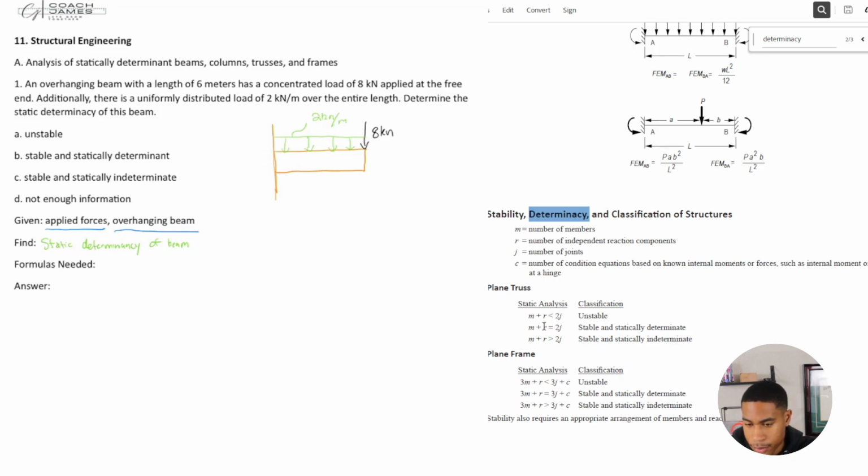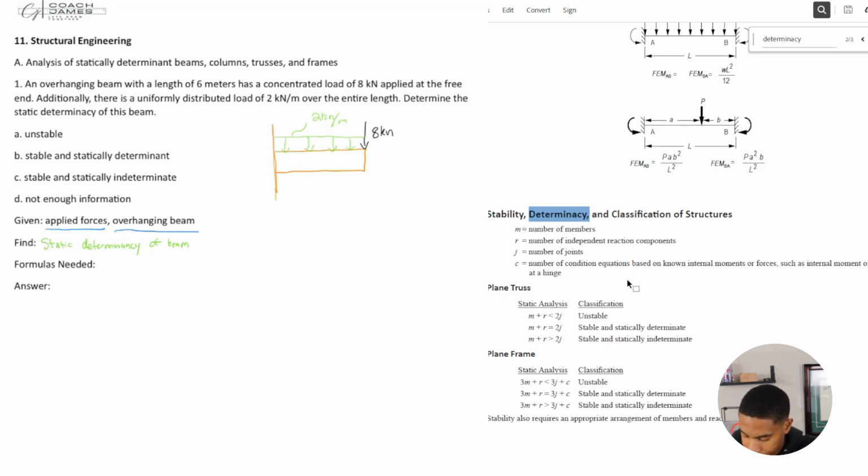The variables we would need are m, which is the number of members, r, which is the number of independent reactions, and j is the number of joints, or c is the number of condition equations based on internal moments or forces, such as internal moment at a hinge.